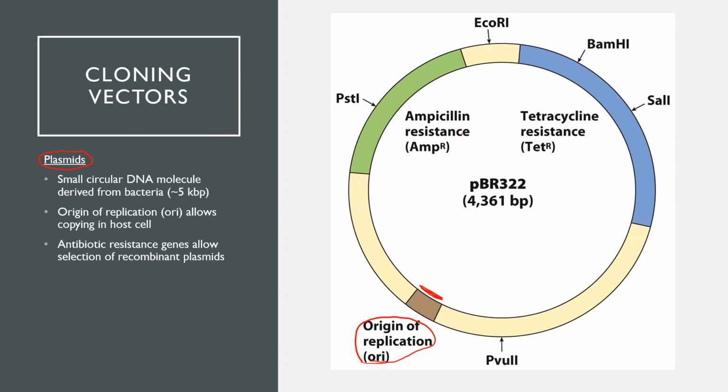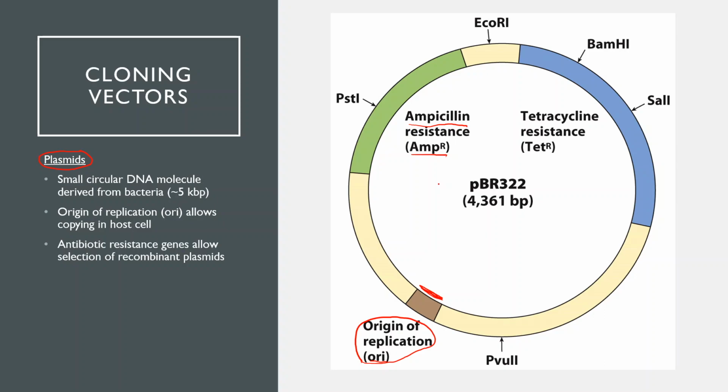But for example, these antibiotic resistance genes are important because, let's say ampicillin is an antibiotic, and you probably know that an antibiotic is a drug that kills bacteria. However, many bacteria carry genes that give them resistance to those antibiotics. So an ampicillin resistance gene, and here it's just called AMPR, is a gene that codes for a protein. That protein would prevent the cell that carries the plasmid from dying when exposed to ampicillin.